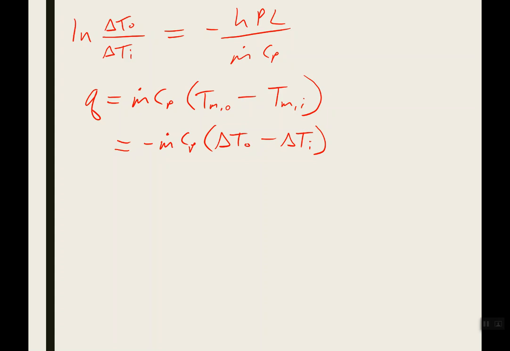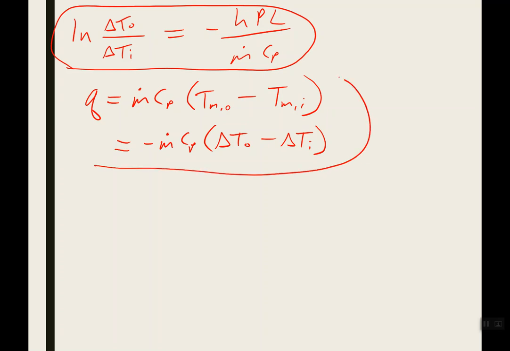Okay, so we have this equation that is coming from the differential energy balance on our system, where we're trying to integrate what's happening from the beginning of the pipe to the end of the pipe. Then we have this second equation, where if we can measure our mass flow rate and our delta T's, then we know how much heat is being added.